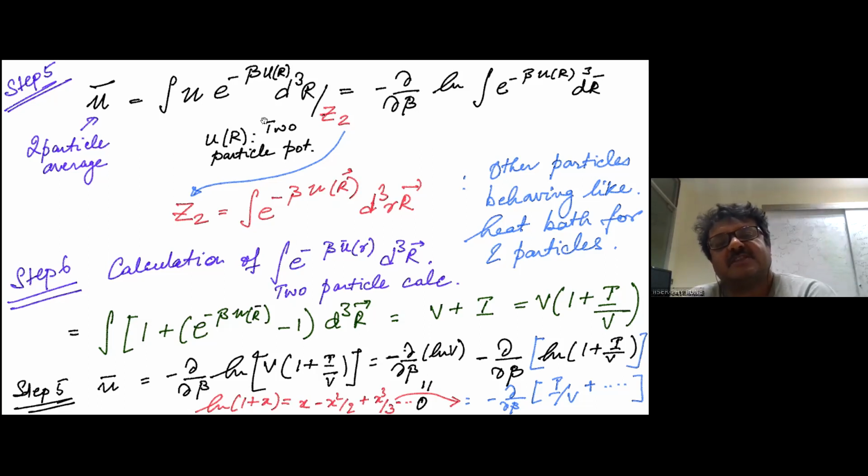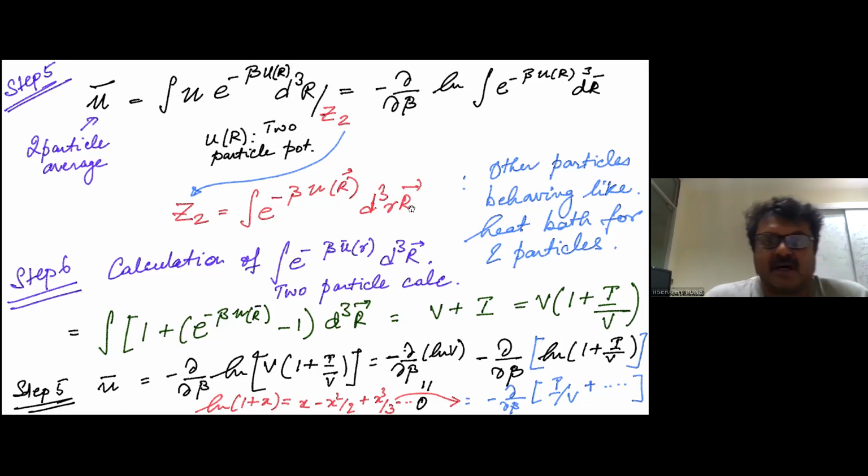The average energy is the probability that the two particles are a distance r away, which is given by e to the minus beta U(r) d3r divided by Z2, times whatever is the energy when the two particles are at a distance r. And this in turn can be written as minus del by del beta of log of Z2, the two-particle partition function, the integral d3r e to the minus beta U(r), reminding you that this small r is integrated over.